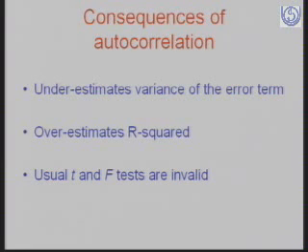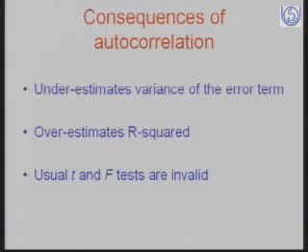As a result, the ESS, the error sum of squares, is lower compared to the actual; the impact of the error terms is less. That means your regression sum of squares, RSS, is higher, because TSS, the total sum of squares, is equal to ESS, error sum of squares, plus regression sum of squares.